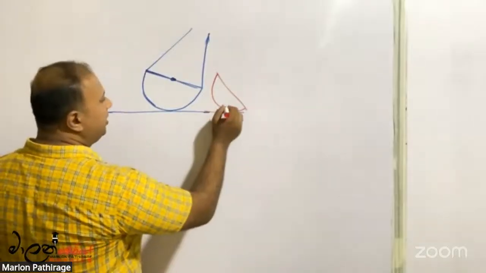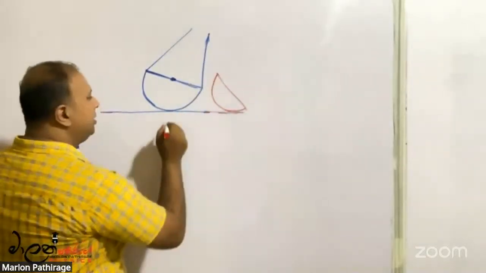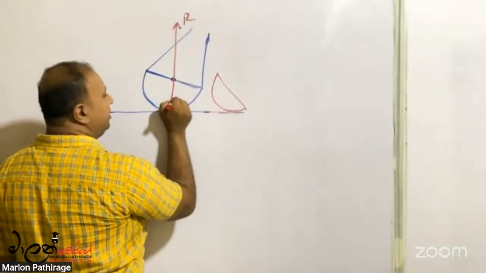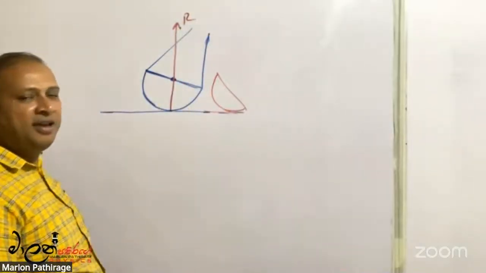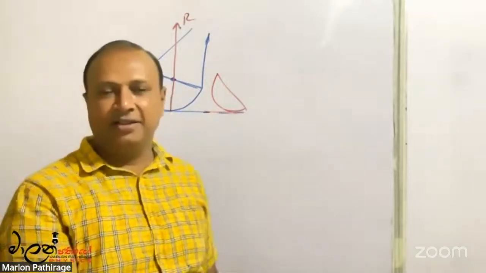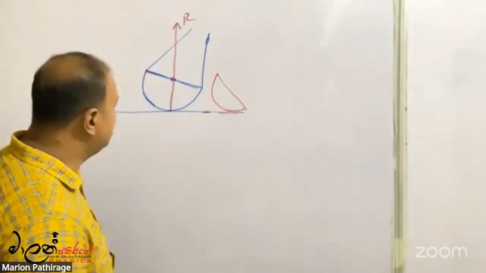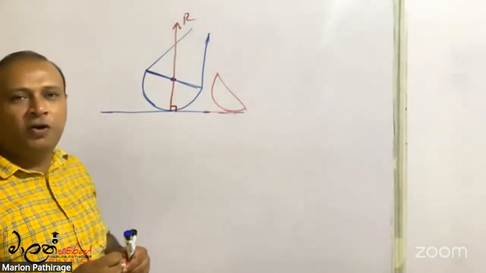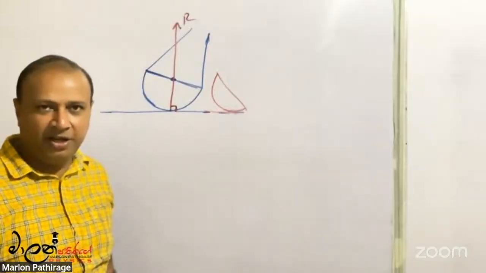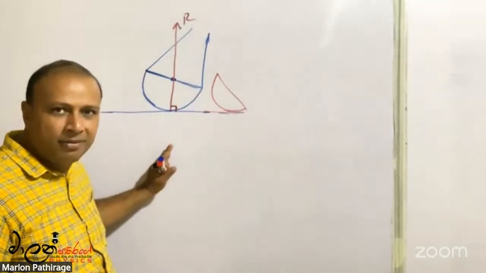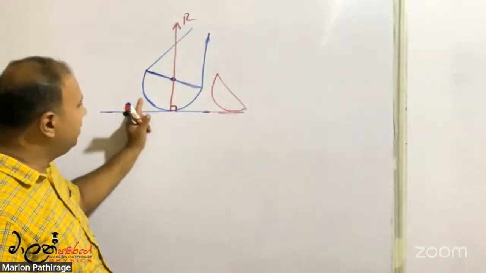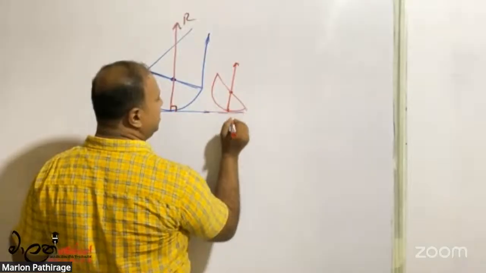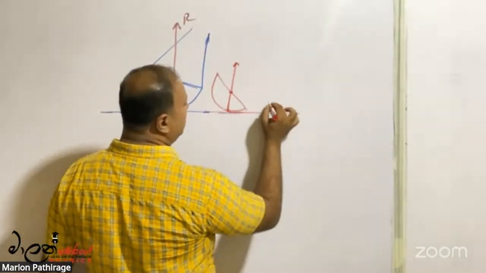Therefore, no matter which is the position, the perpendicular reaction should go through the center. That is the most important thing. Therefore, no matter what is the position of this toy, the perpendicular reaction always goes to the center.